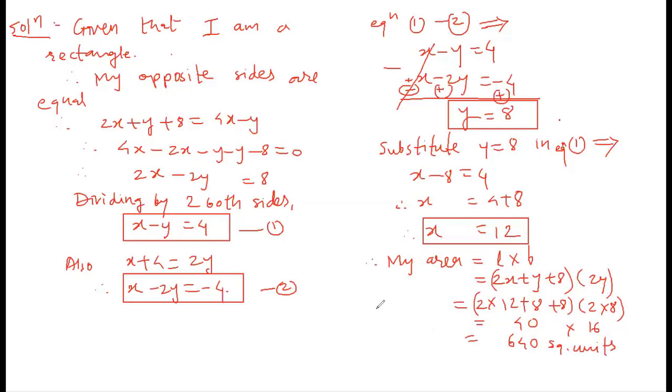Now let's find the perimeter. Perimeter equals twice of L plus B. So it becomes twice of 2x plus y plus 8 plus 2y.